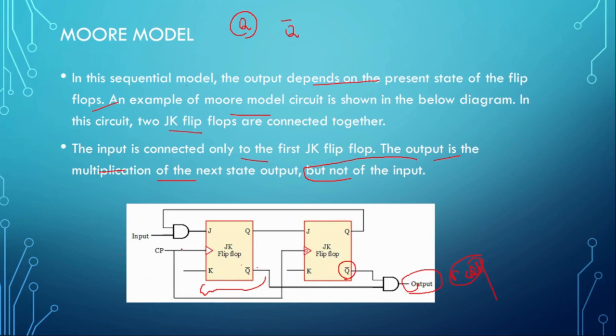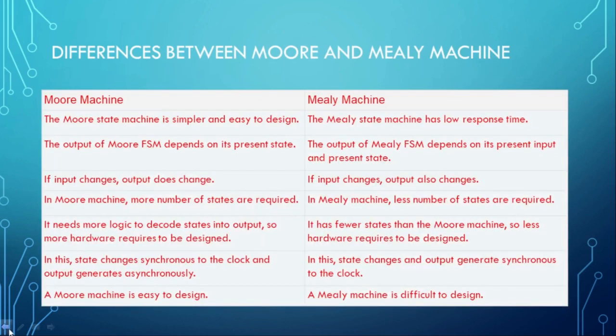So this is the main difference between the Moore and Mealy models. These are some differences between the Moore and Mealy models, and it is one of the important topics in the second unit, and it will be asked in 2 marks as well as 16 marks.